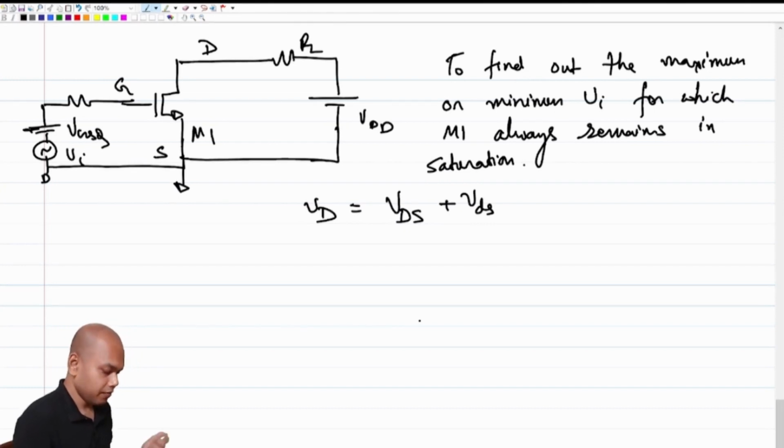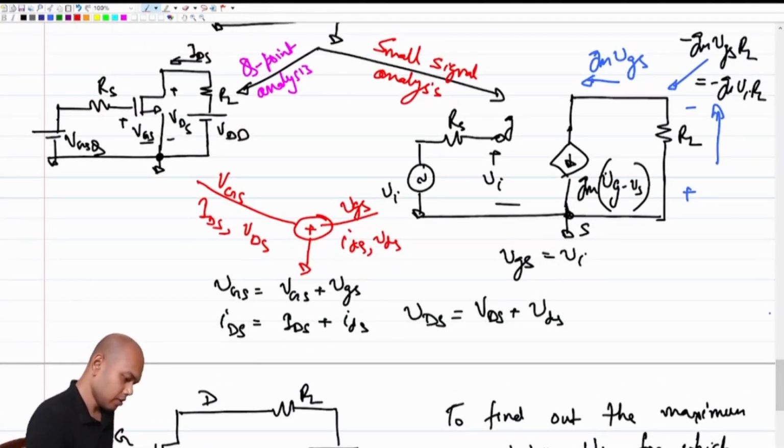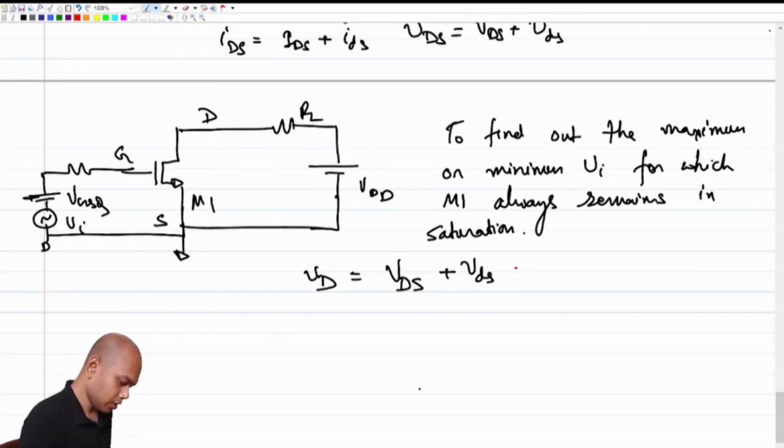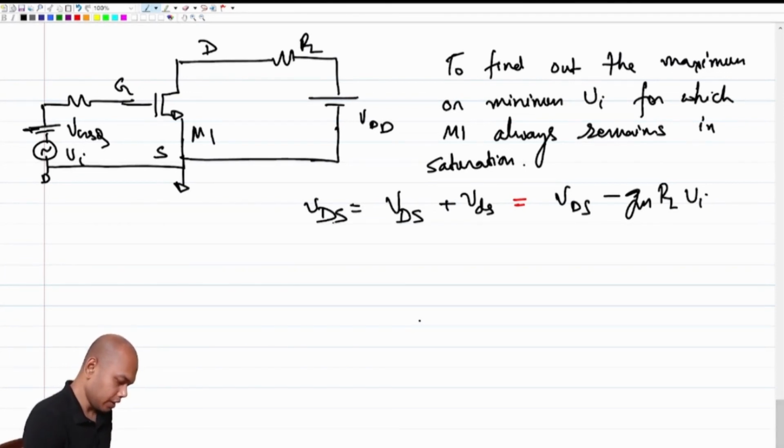What is small vds? Small vds is minus Gm times Vi times RL, right? So this is the small vds or incremental VDS. So this becomes VDS minus GM times RL times VI. Okay, so this is VDS, right?